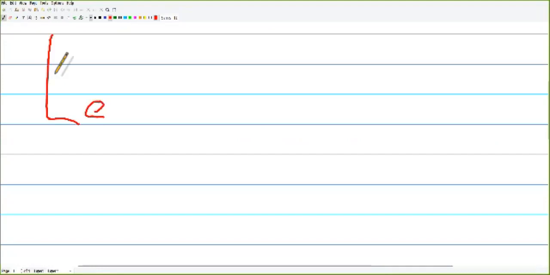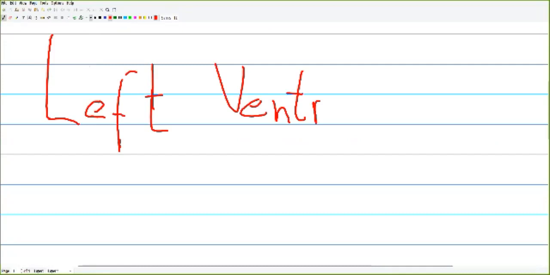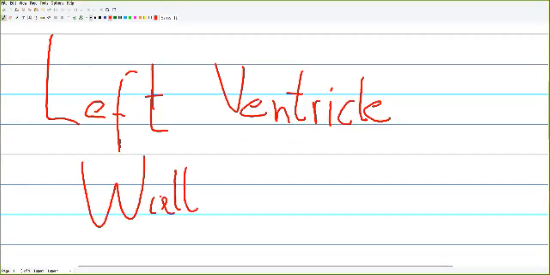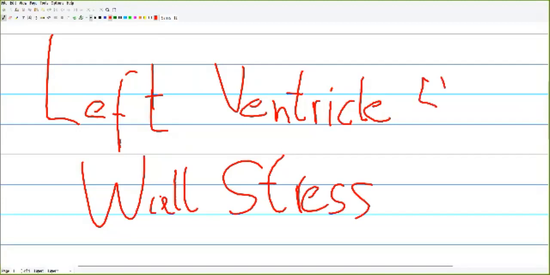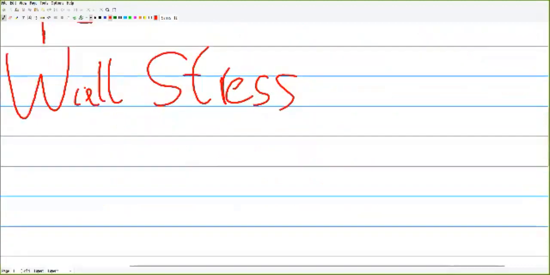It's the left ventricle wall stress, or just LVWS. Okay, left ventricle wall stress.